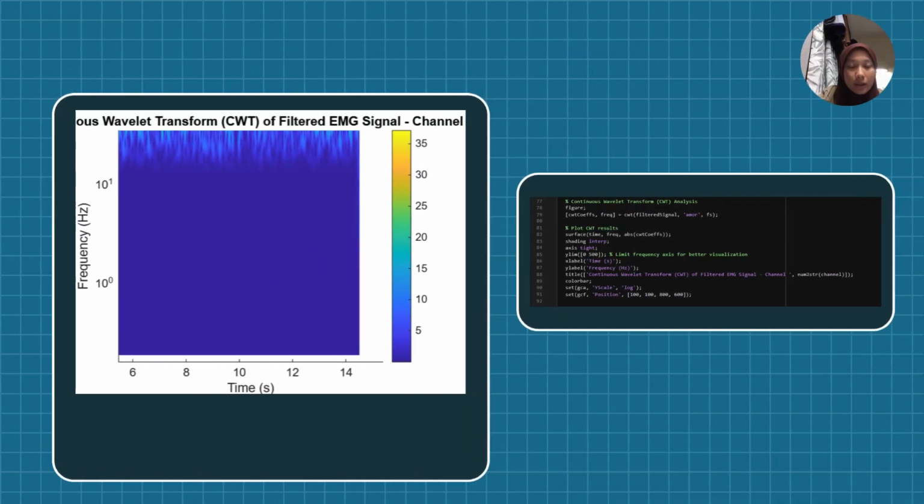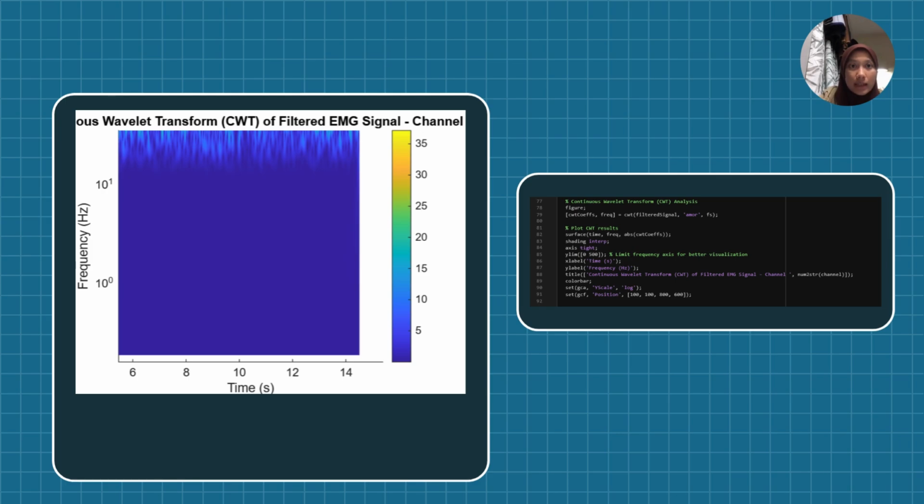In this part, we analyze the EMG signal using the continuous wavelet transform. Unlike the short-time Fourier transform, which uses fixed time and frequency resolution, CWT, the continuous wavelet transform, provides better time-frequency localization, especially for non-stationary signals.